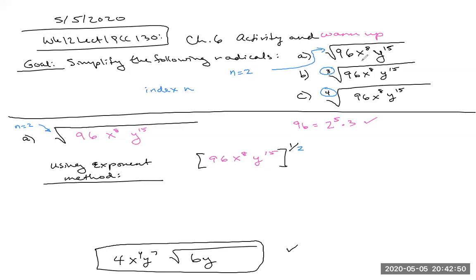All right, so what we found in the last problem is that 96 is 2 to the 5th times 3. And then we have x to the 8th, y to the 15th. And that's to the 1/2 power. And then you can actually split all of these. Remember, exponential rules, we have 2 to the 5th, that's going to be to the 1/2 power.